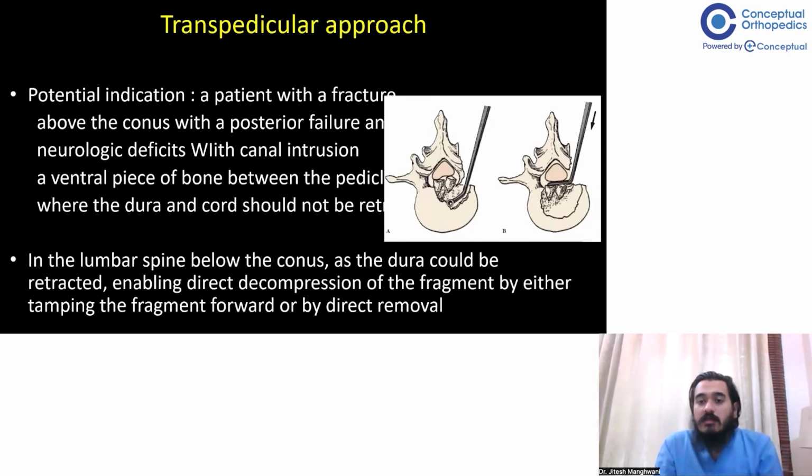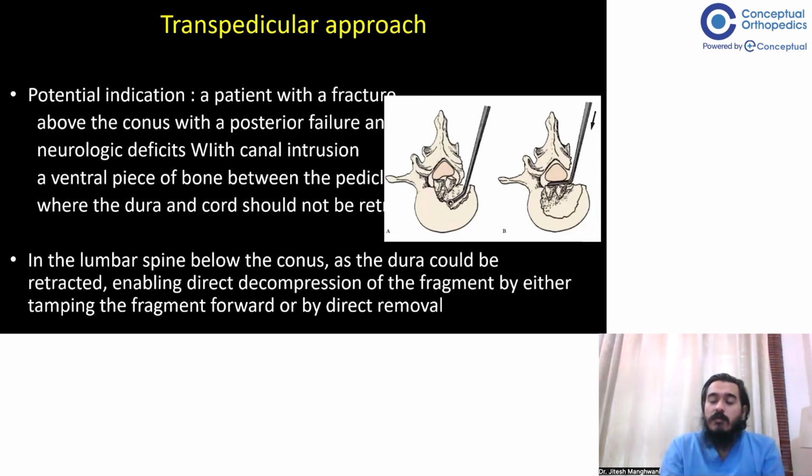Because of the injury, the spinal cord becomes sick, and with any further tweaking or mobilization, the deficit can increase. So in such cases where the room for error is much lesser, this technique is used in cases above the conus with a posterior failure, with a deficit, with canal intrusion, as you see over here, with the ventral pieces of bone.